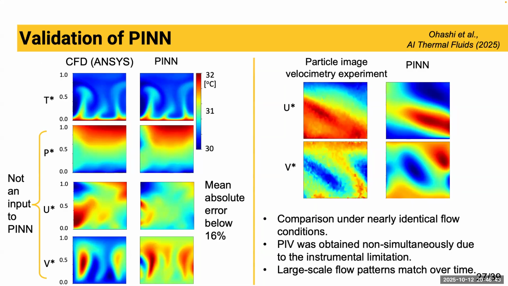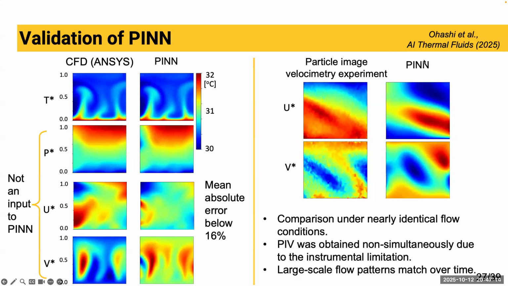So for this heated flow phenomenon, we did numerical simulations that provide perfectly synced temperature, pressure, and x, y velocity fields. We compared this with PIN's inference, and as you can see here, the predicted fields are really close to the CFD result, and the mean absolute error was below 16%.